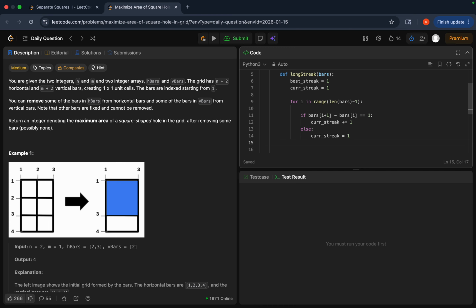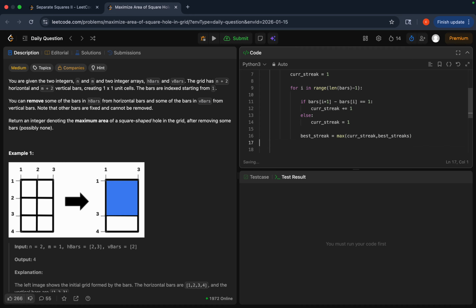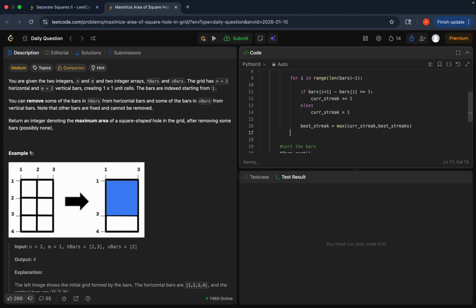So here you have to calculate the best streak, which is equal to maximum among best streak and current streak, right? So now we have to return it, right?